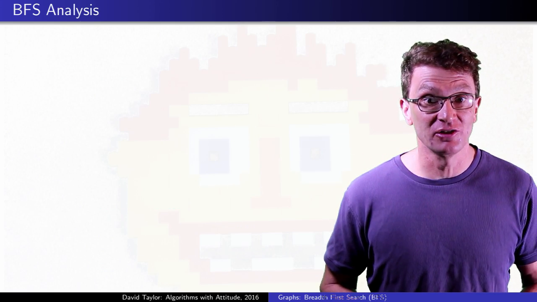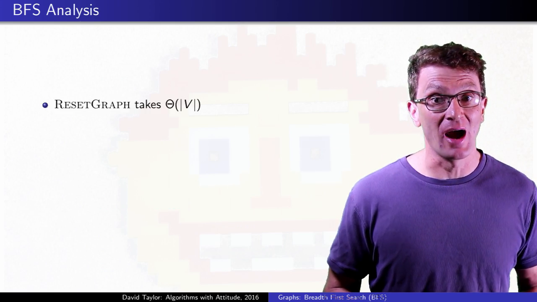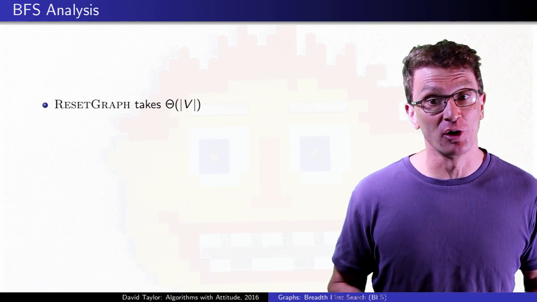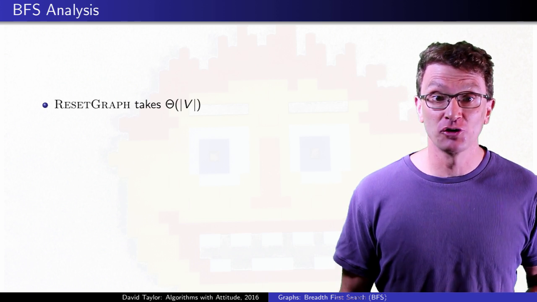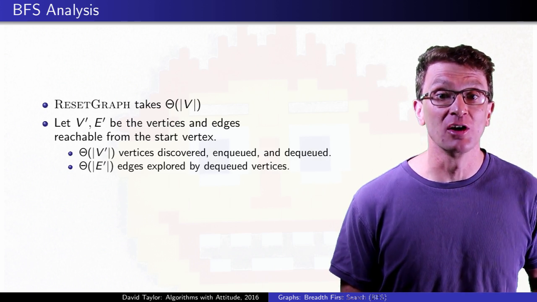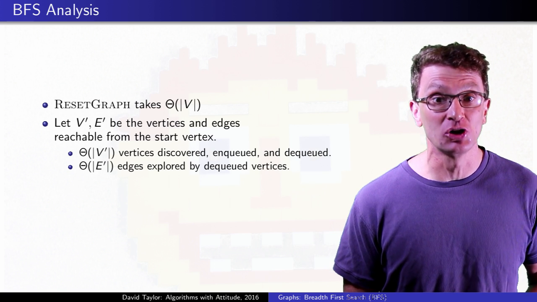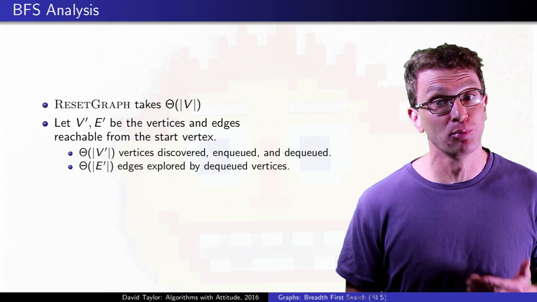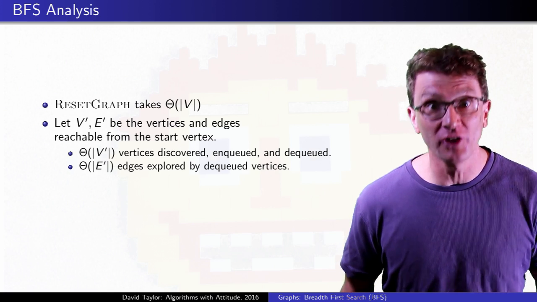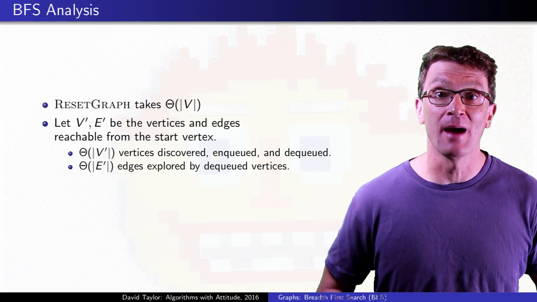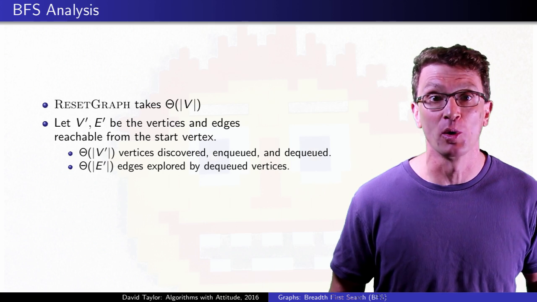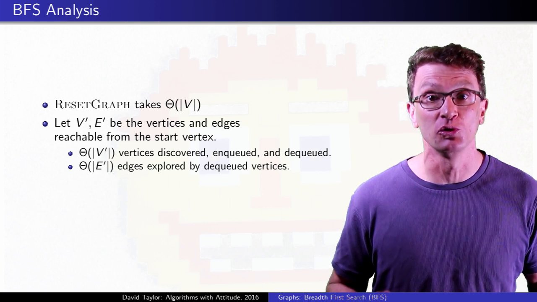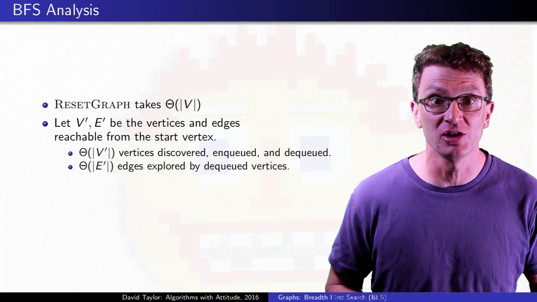For a quick analysis, the initialization takes time linear in the number of vertices in the graph. After that, each reachable vertex can only be discovered and then enqueued once. A vertex's outgoing edges only get explored when it's dequeued, which can also only happen once, and takes time proportional to the number of outgoing edges for that vertex if we're using the adjacency list representation.